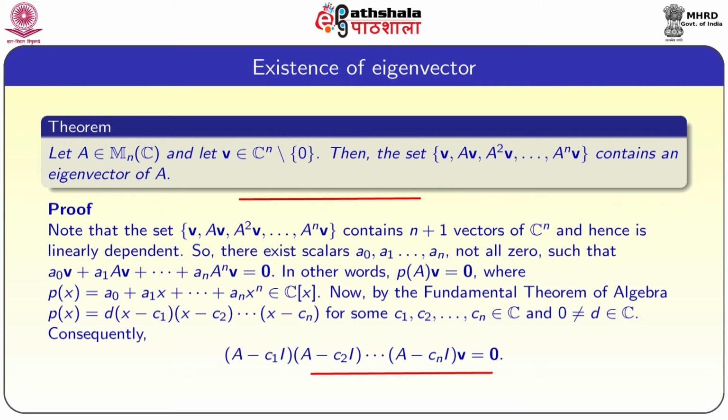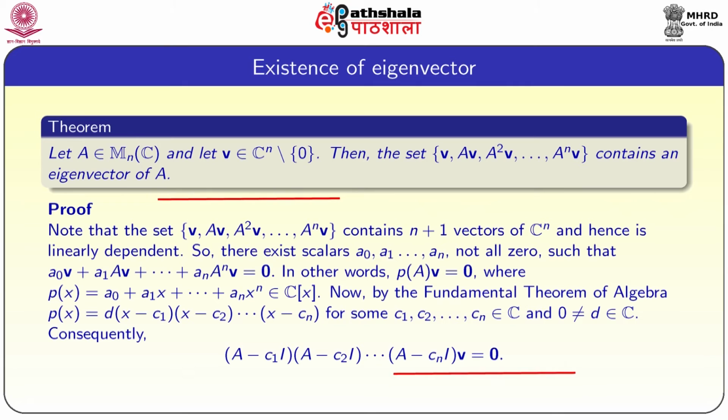Now, by the fundamental theorem of algebra, P of x can be written as d into x minus c1, x minus c2 and so on x minus cn. The fundamental theorem of algebra says that every polynomial of degree n can be written as a product of linear polynomials.